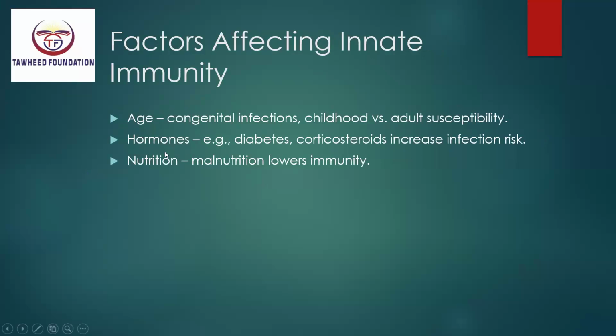Second is hormones. Patients with certain hormonal disorders, for example diabetes mellitus, or patients on hormone therapy, for example corticosteroids, are at increased risk of developing various infections. Third is nutrition. Malnutrition suppresses host immunity, thereby predisposing to various infections.